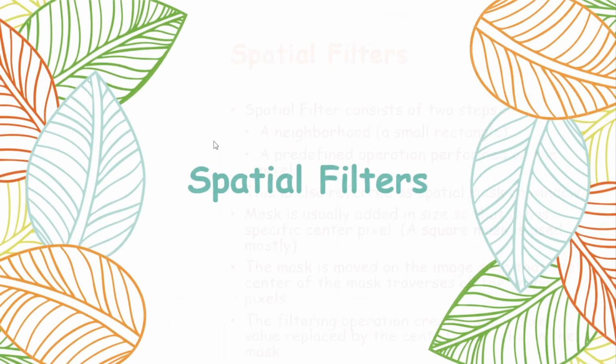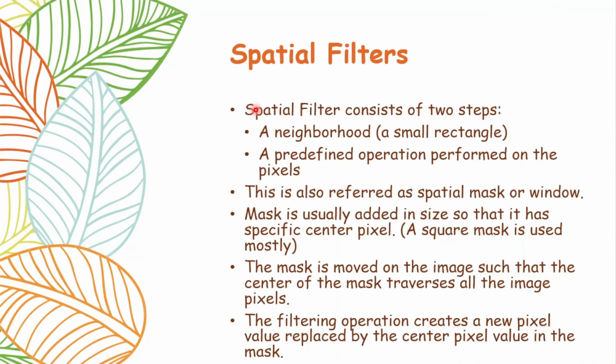Spatial filters consist of two steps: a neighborhood as seen before, and a predefined operation that is performed on the pixels inside this neighborhood. This is also referred to as a spatial mask or window. The mask has a specific center pixel, and we match this center pixel with the pixel on our image on which we need to perform the operation. For computational convenience, a square mask is used mostly.